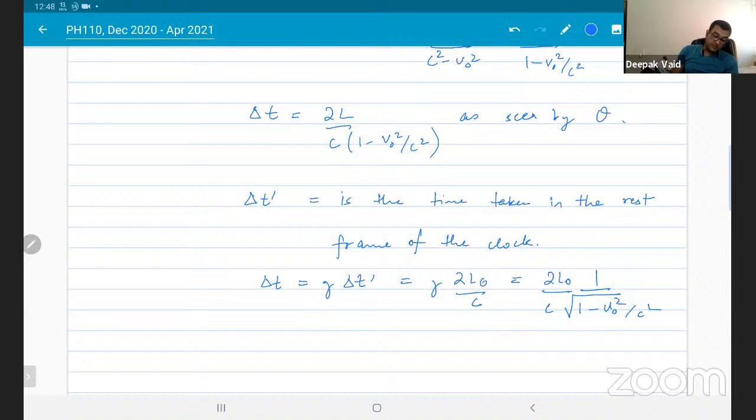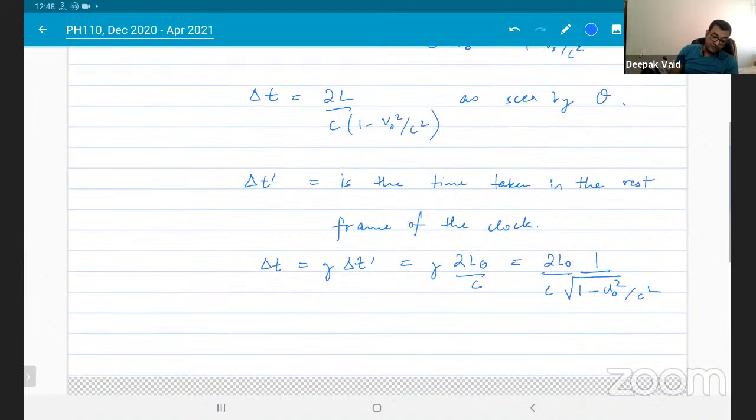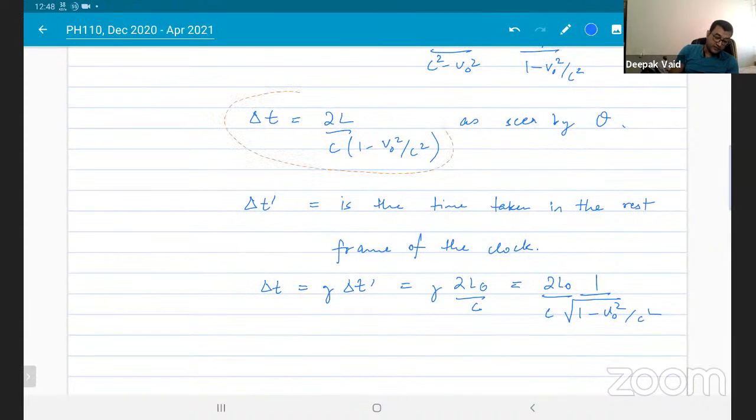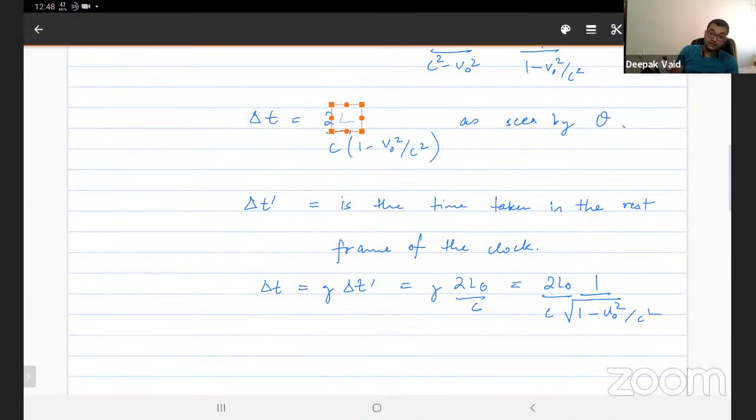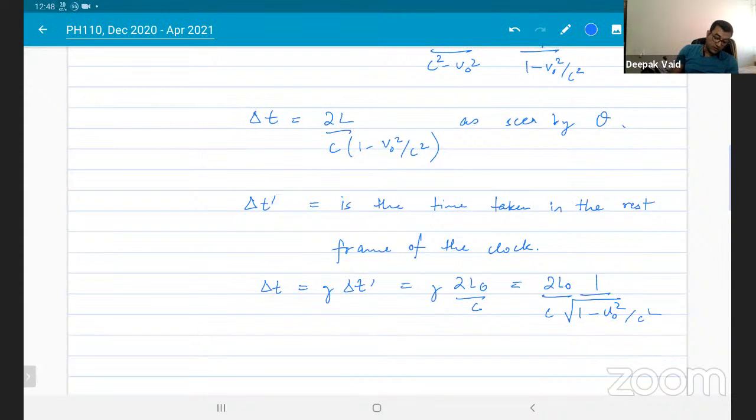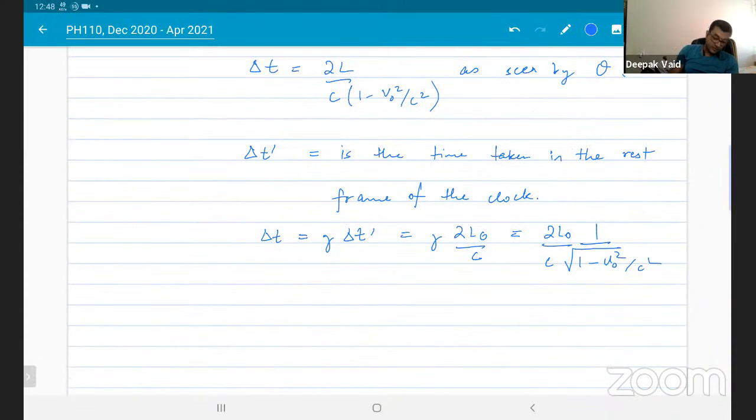Right? So I get this expression for delta T. Now I have two different expressions for delta T. I have an expression in terms of the length as seen by O, and I have an expression in terms of the length L naught as seen by O prime. These expressions are equal to each other. So 2L by C times 1 minus V naught square by C square is equal to 2L naught by C times the root of 1 minus V naught square by C square.